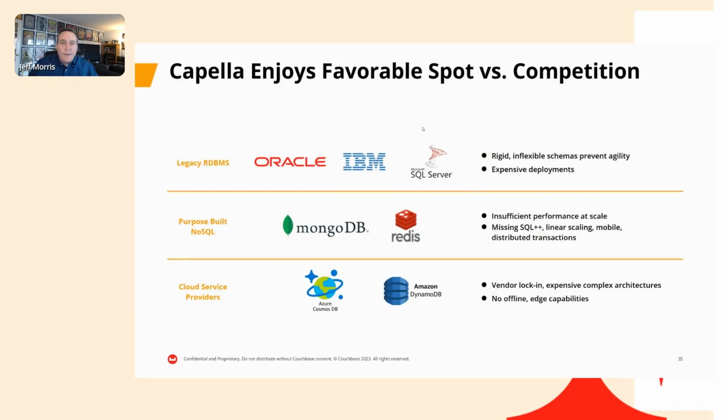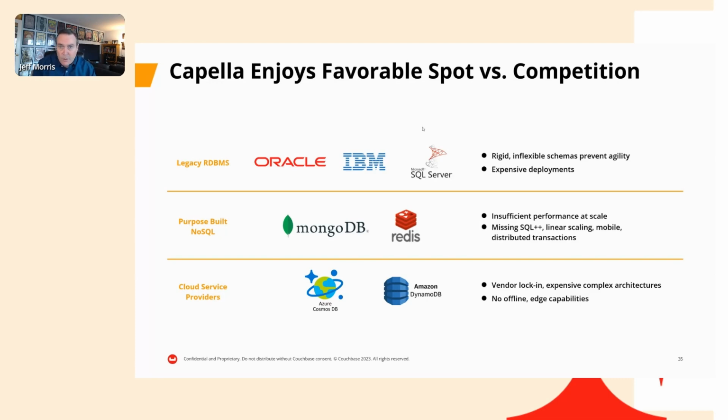So versus competitive solutions, the way we look at things is legacy relational databases have flexibility problems. Schema and evolving schema is still an issue that slows down your application rollout cycles, and they get expensive. The purpose-built NoSQL systems are typically, in many cases, one-hit wonders.